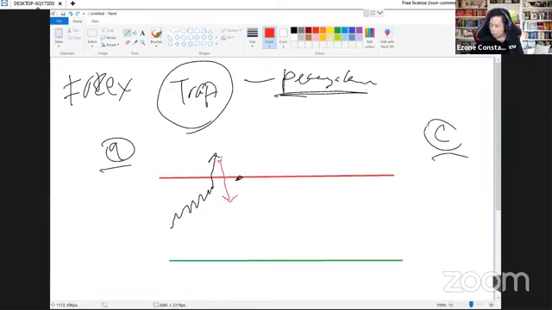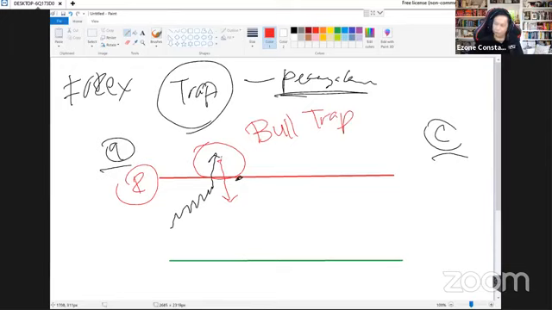There's no rebound, no whatsoever. The price just reversed and went back below the resistance level here. So this is what we call the bull trap. It pretended to break out, pretended to contain the bull momentum.